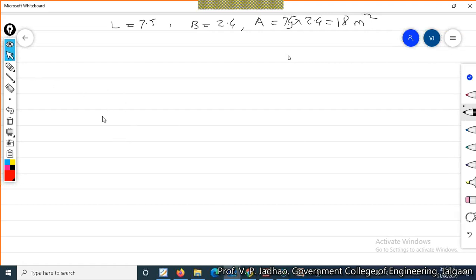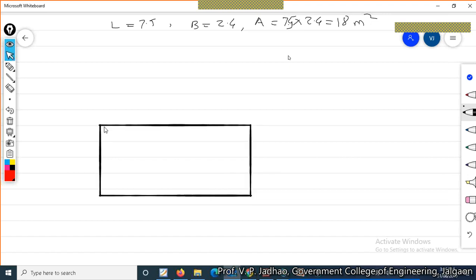Now if you see, this is your footing in plan, and this is your column C1 and this is your column C2. Some load W1 is acting on this column, and some load W2 is acting on this column.